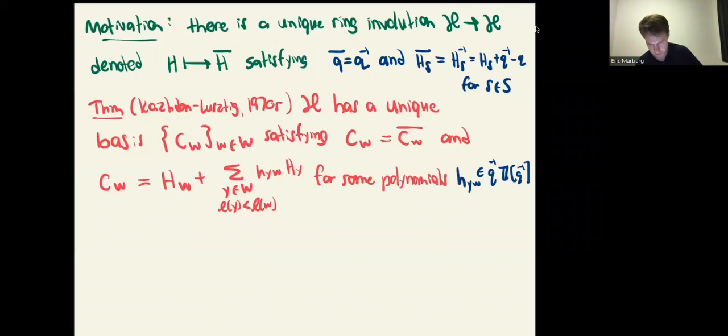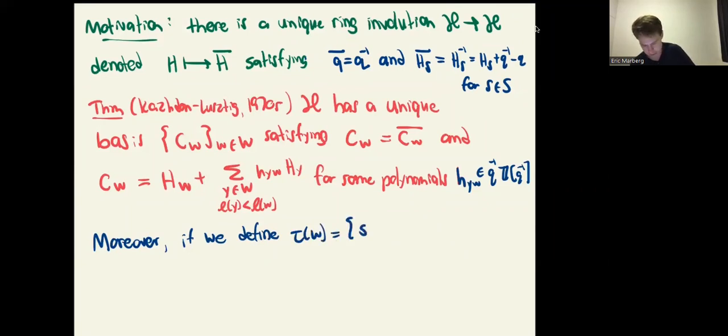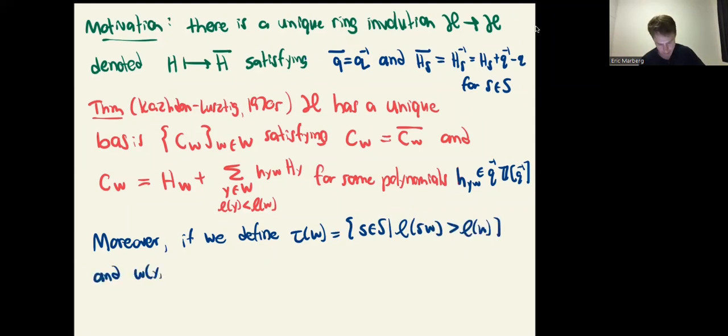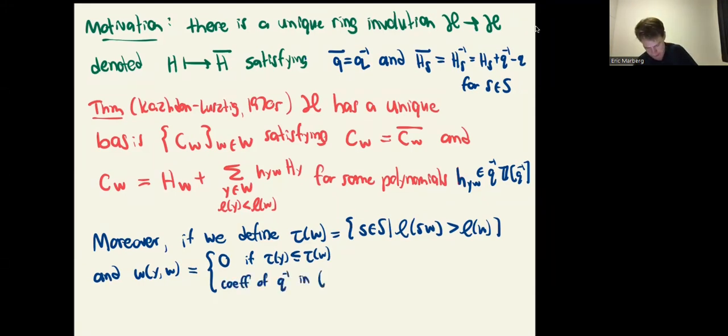Okay, but there's more to this theorem, which is the following. Moreover, if we define tau of W to be the set of generators S in S that increase the length of W, and then we set omega of Y, W to be either 0 if tau of Y is contained in tau of W, or the coefficient of Q inverse in this sum h_YW plus h_WY otherwise.